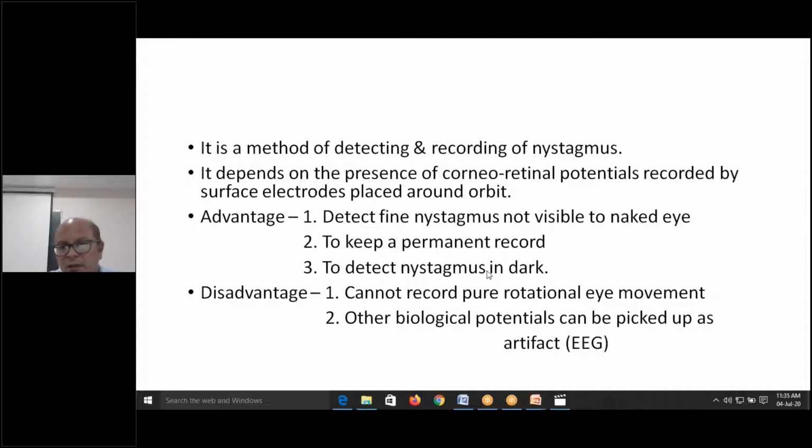The nystagmus may be so fine that you can't see it, and it also helps to detect nystagmus in the dark. If you make it totally dark, then we can't see it, but it can be recorded with the help of electronystagmography. The disadvantage is it cannot record pure rotational eye movement, and other biological potentials like EEG can be picked up as artifact.